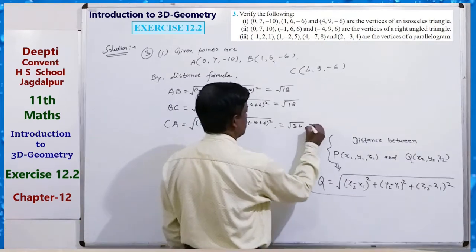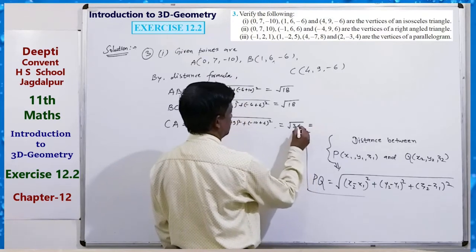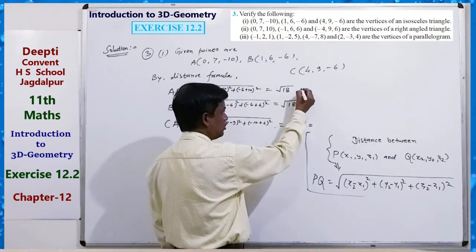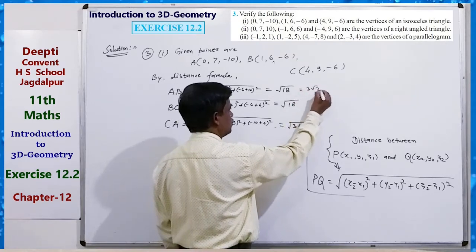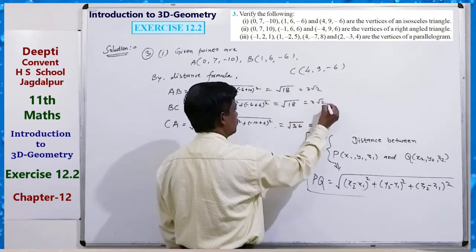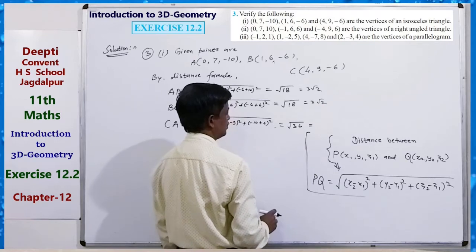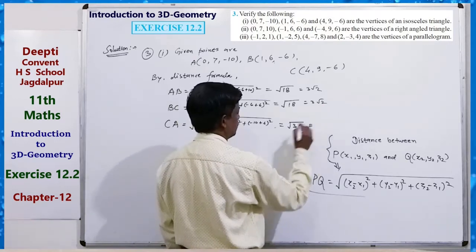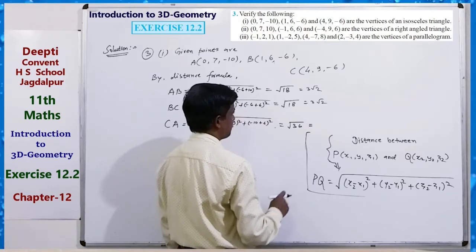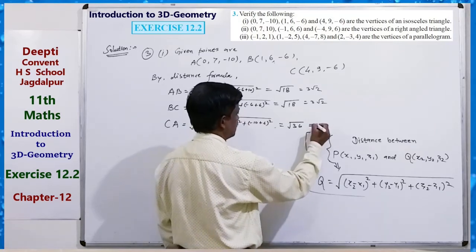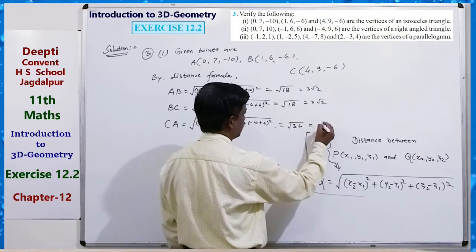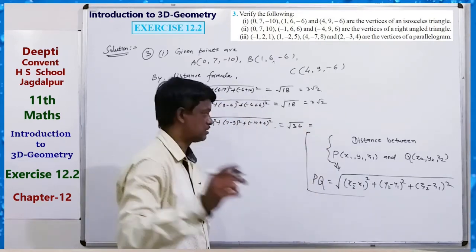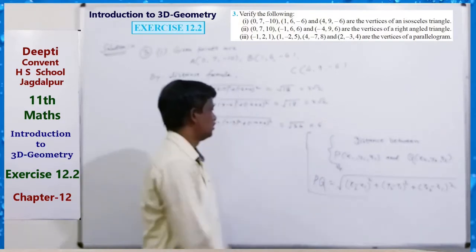Okay, this can be written as 3 root 2, and 36 means 6.